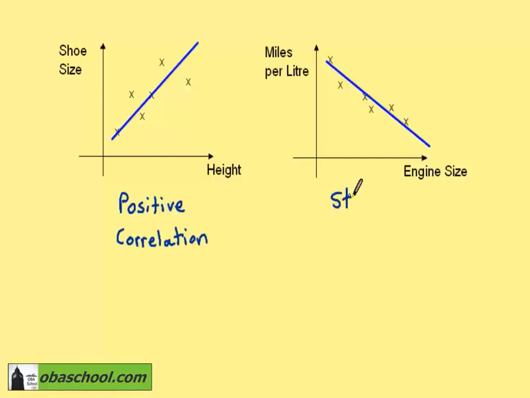In this case, we would say that this is strong negative correlation. So if the points fit very tightly around the line of best fit, introduce the word strong. So we can have a strong positive correlation or a strong negative correlation.